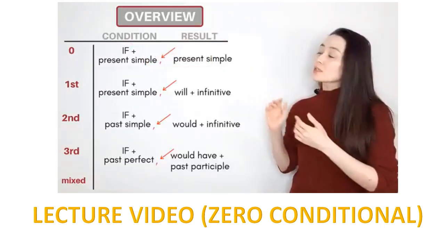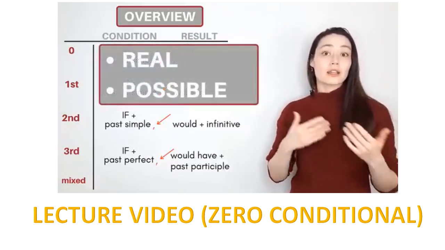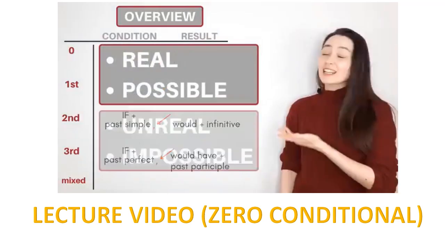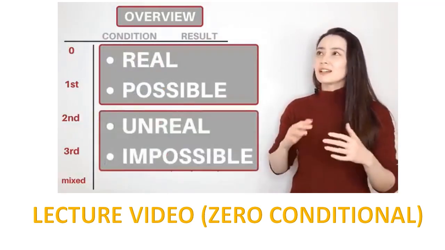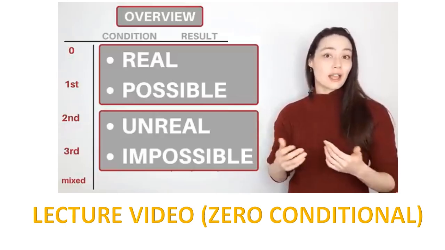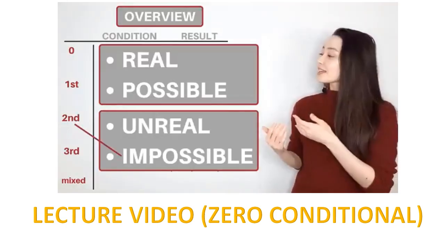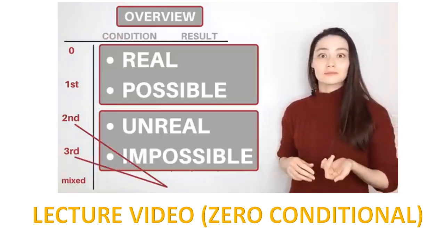The 0 and the first conditional express real, possible conditions and results. The second and third conditional express impossible, hypothetical, unreal conditions and results. Mixed conditionals are a combination of the second and third conditional.